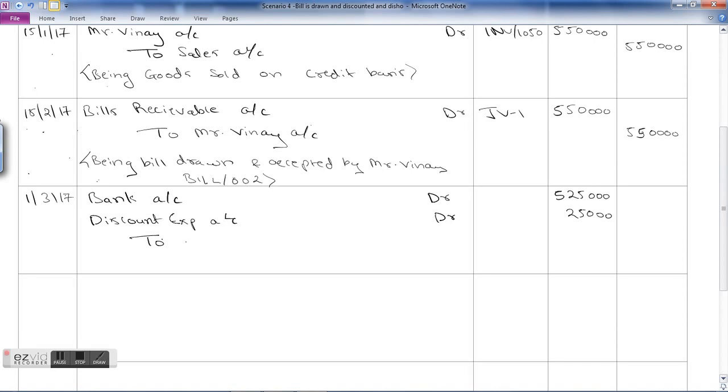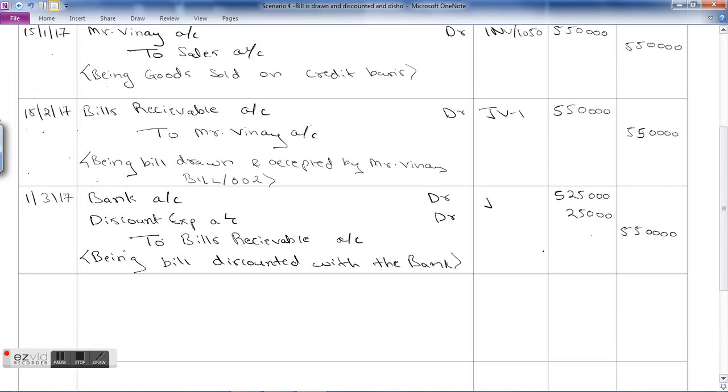It was an asset in our books, so amounting to 5,50,000. So to bills receivable account, amount is 5,50,000. Narration here is being bill discounted with the bank. The voucher number we'll put as JV2.